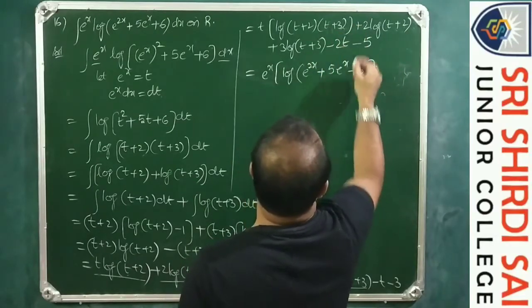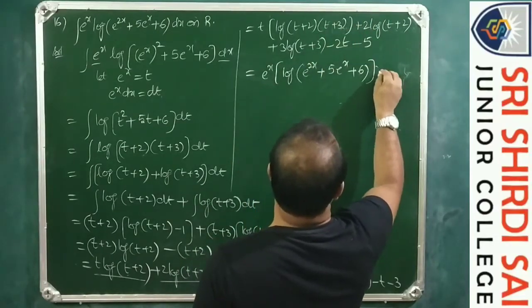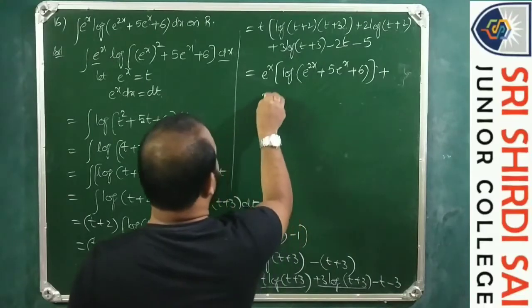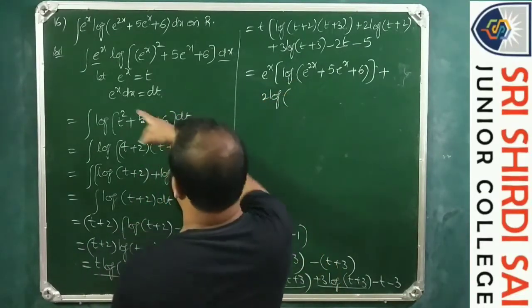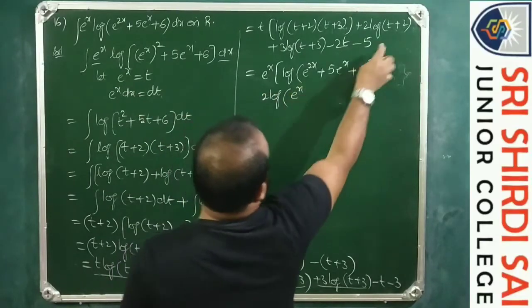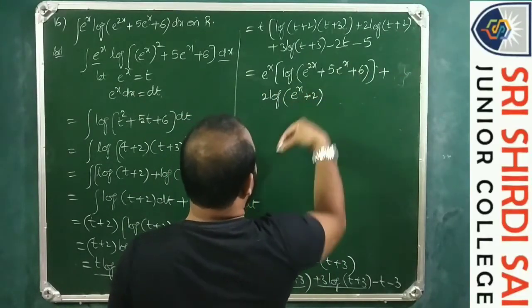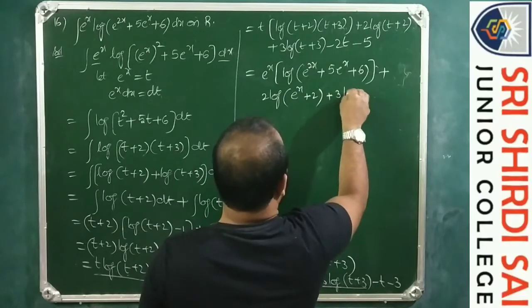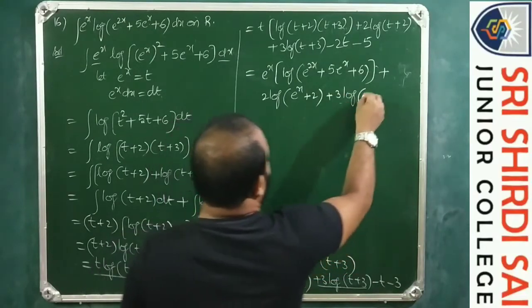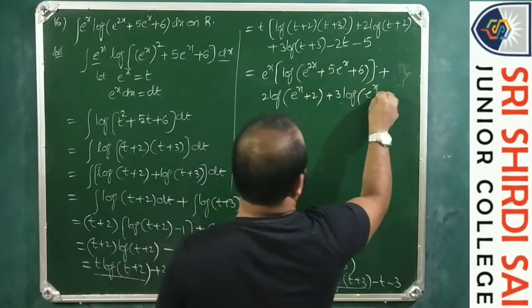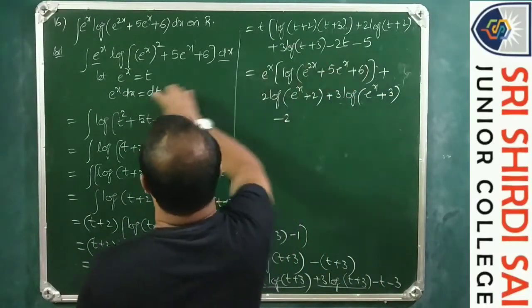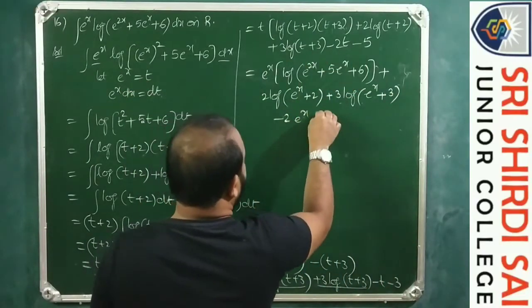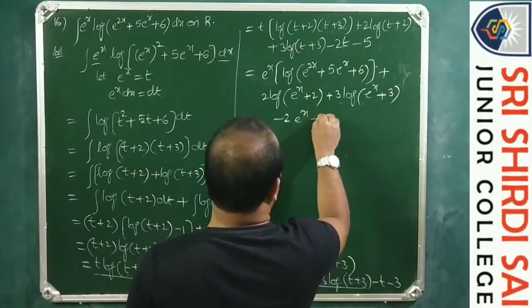So this we have written, plus 2 log(t+2), t here is e power x, so 2 log(e^x + 2), plus 3 log(e^x + 3), minus 2, t here is e power x, plus minus, this is 5.